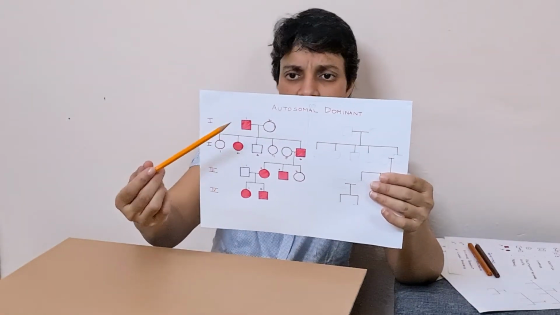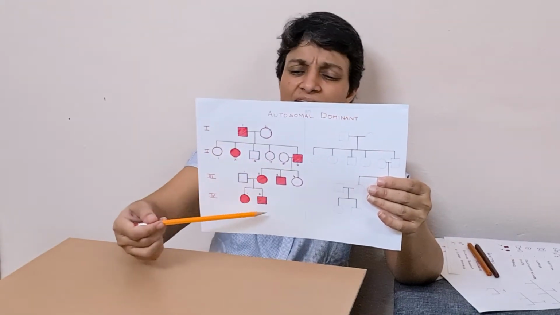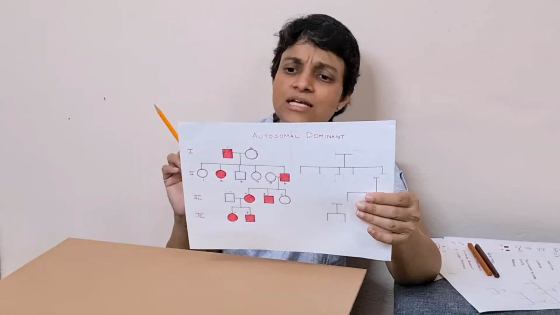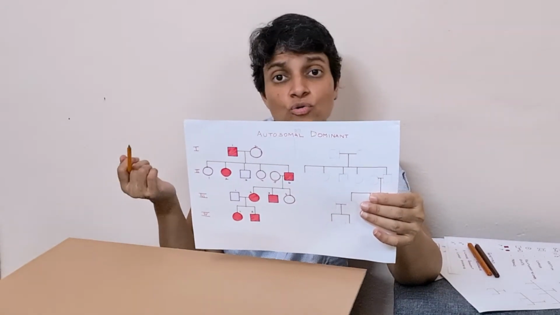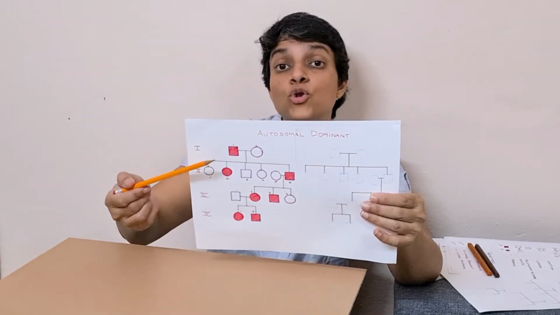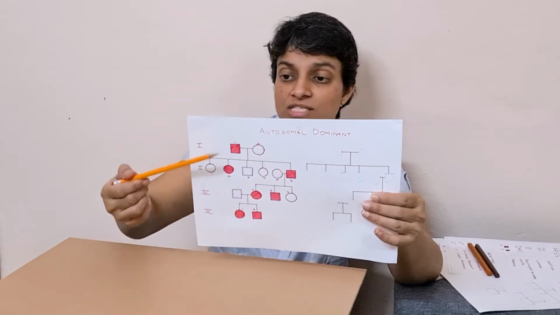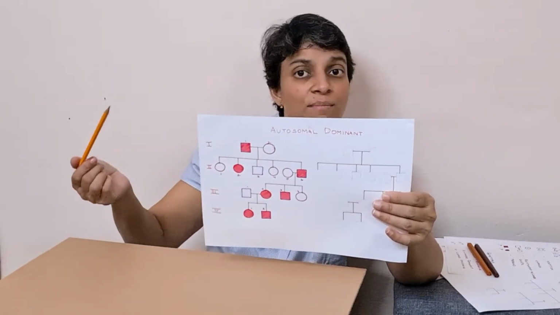To identify that it is dominant, individuals from every generation usually show the disease. So we say that there is no skipping of generations. As you can see here, individuals in all 4 generations, 1 or 2 of them have the disease.